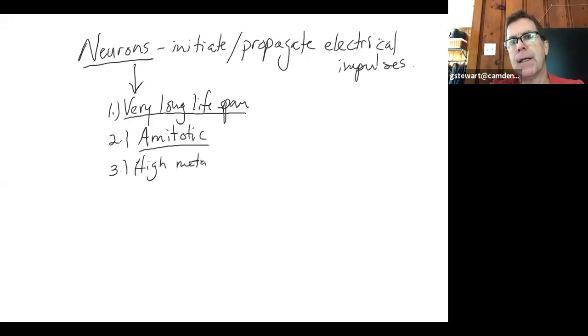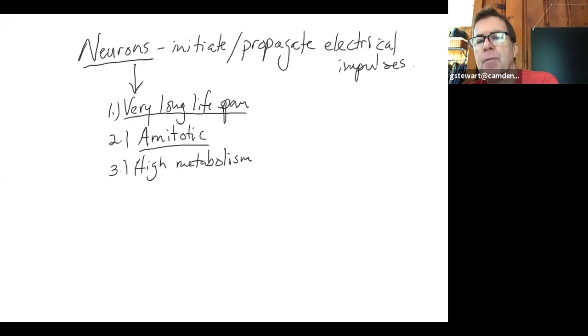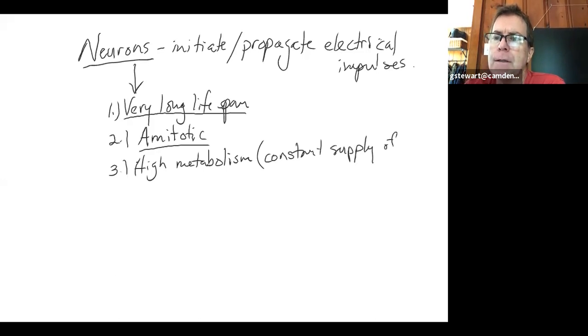I'll mention this again. They have a high metabolism because they're constantly producing that chemical neurotransmitter. So they need a constant supply of oxygen and an energy source like glucose.